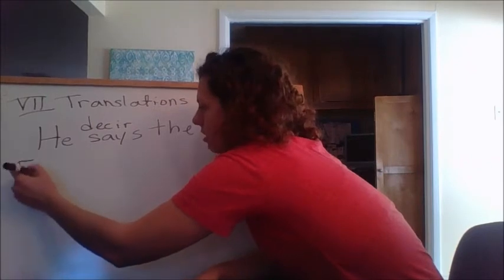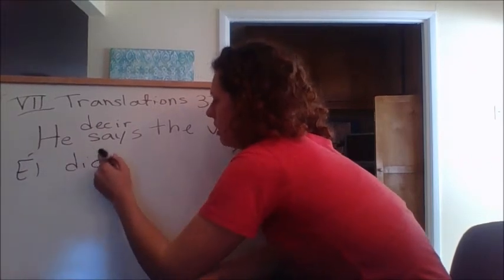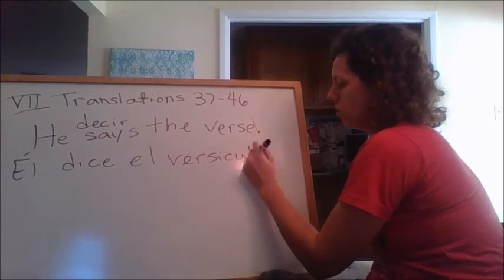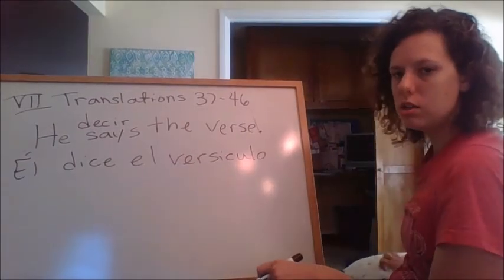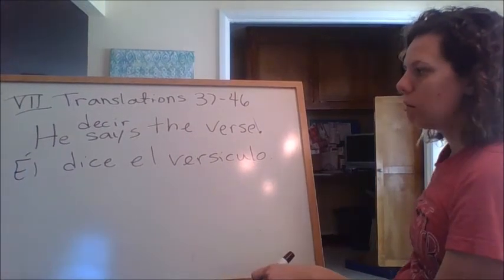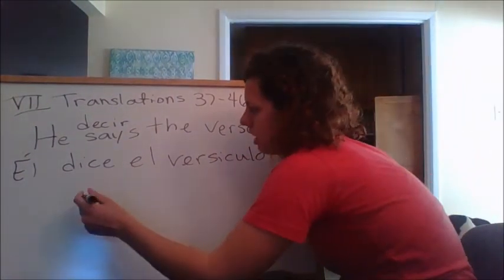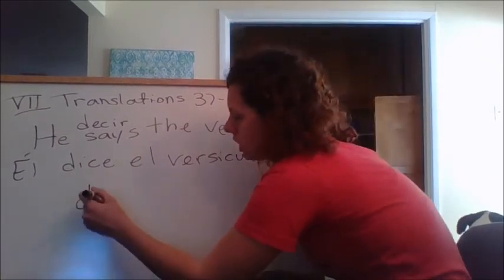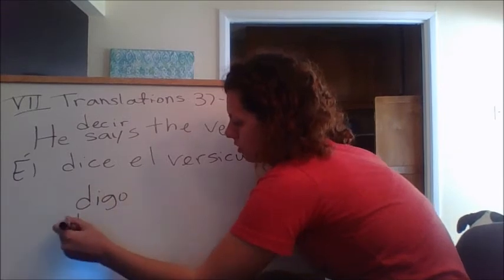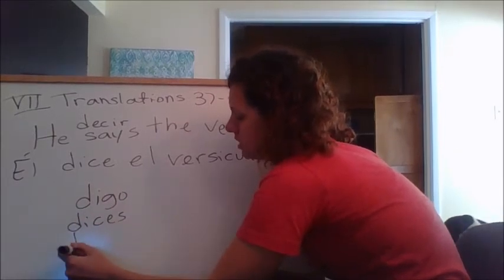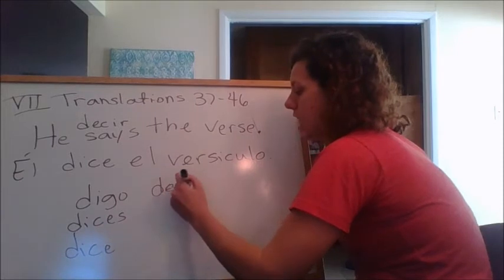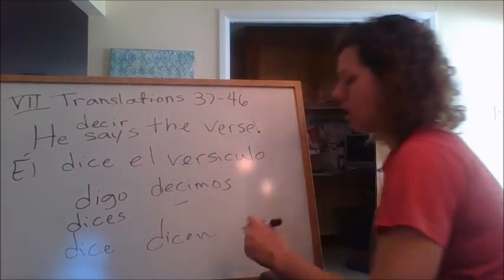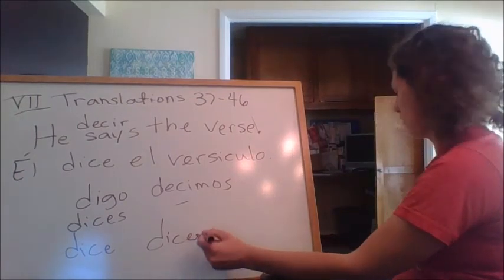So we say él dice el versículo. The verse is versículo, right? Remember that decir is a stem changer. It's E to I. It also has a go in the yo. So if you're conjugating decir, it looks like digo, dices, dice, decimos, and dicen.